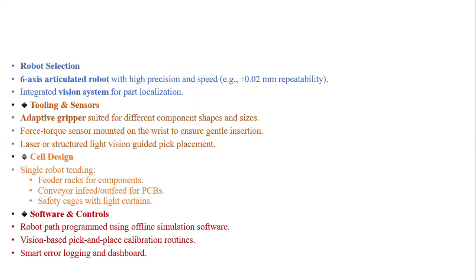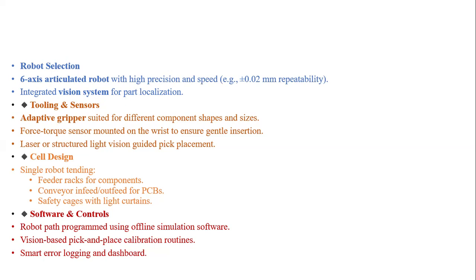So six axis type robot manipulator with high precision speed, specially integrated with vision cameras for easily locating the part moving over the conveyor. And flexible adaptive grippers that are kept nearby the end effector in order to handle various types of components which may differ according to the geometry.